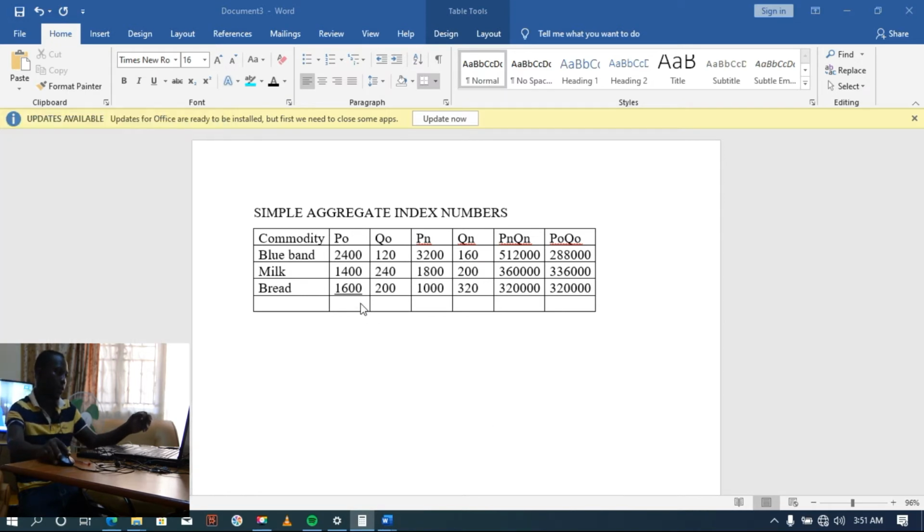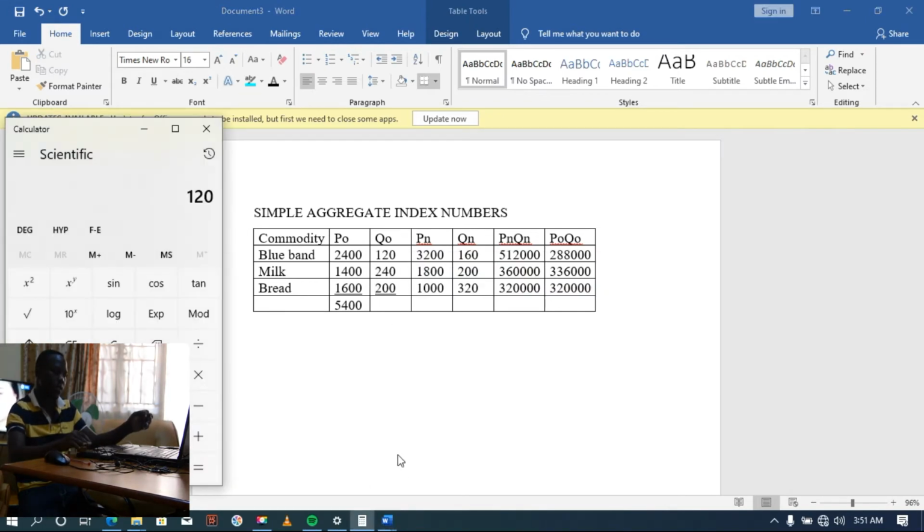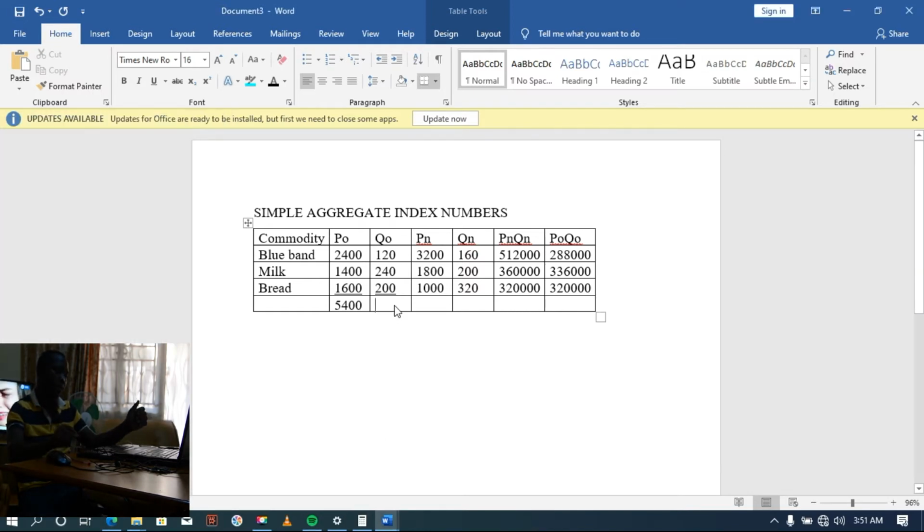We get 5,400. Then we come to the column of QO, summation QO. We sum up the values under QO. That is 120 plus 240 plus 200, giving us 560.